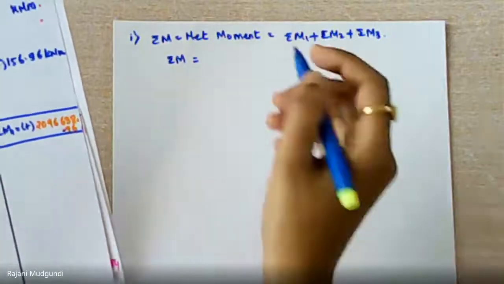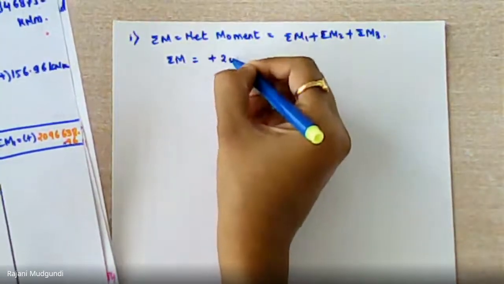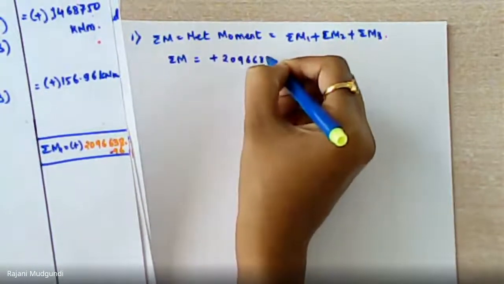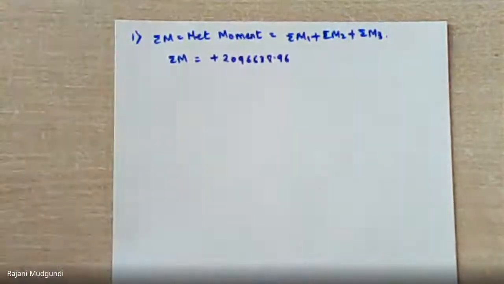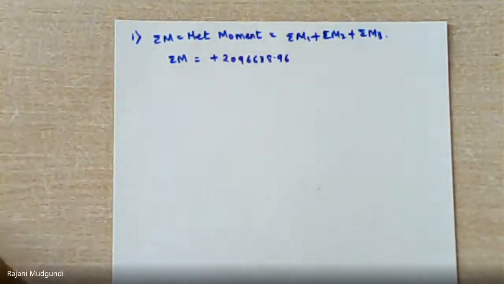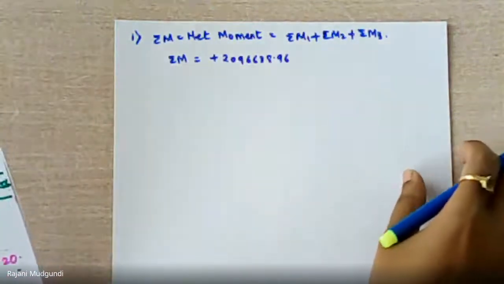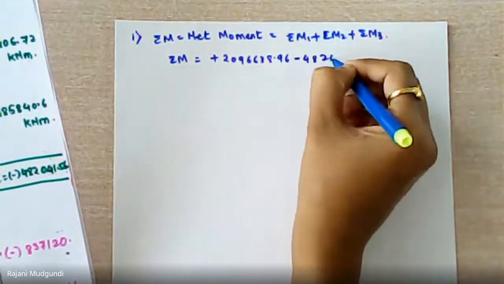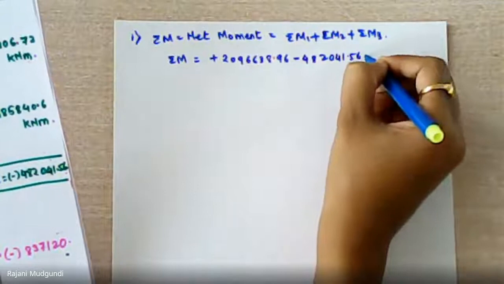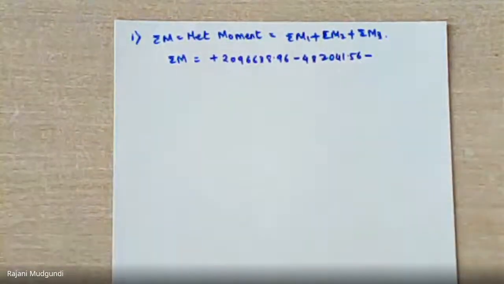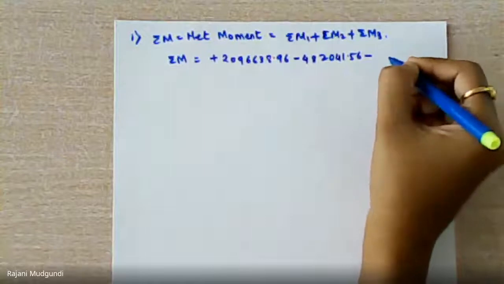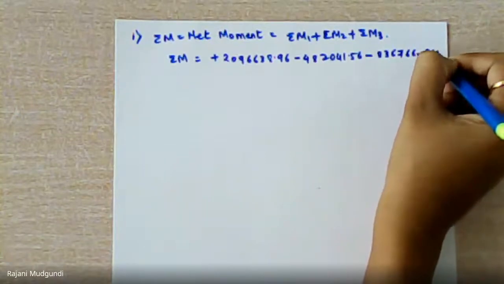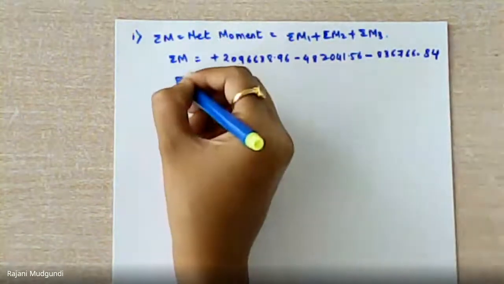Summation M1 is with positive sign, 2096638.96. Just check whether these values match your answers or not. Then M2 is minus 482041.56. Again M3 is negative, therefore it is minus 836766.84. Now what is the net moment summation M?